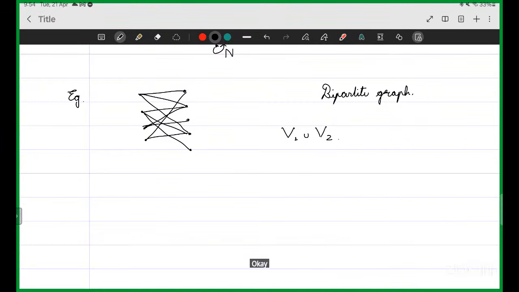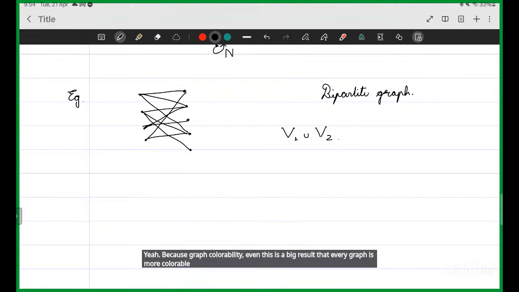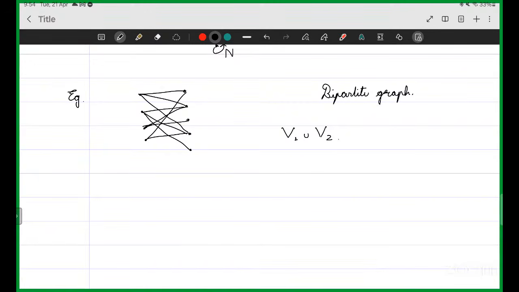Because graph colorability, even this is a big result that every graph is four colorable. That is a very deep result. So I would be surprised if there was a general way to determine the minimum number of colors for any given graph.